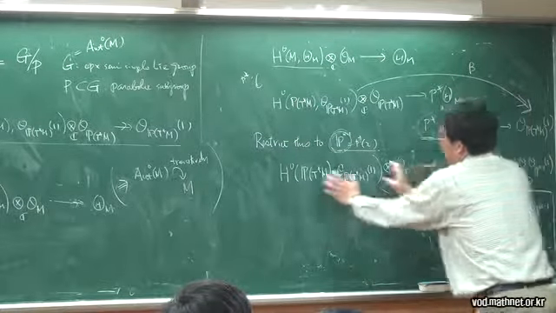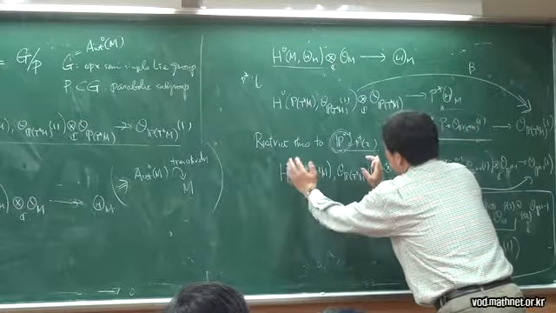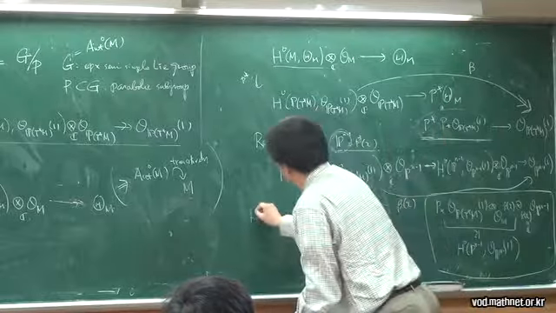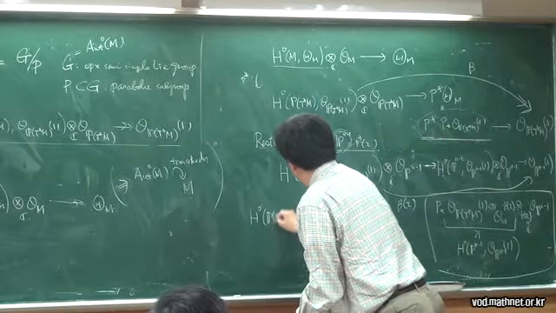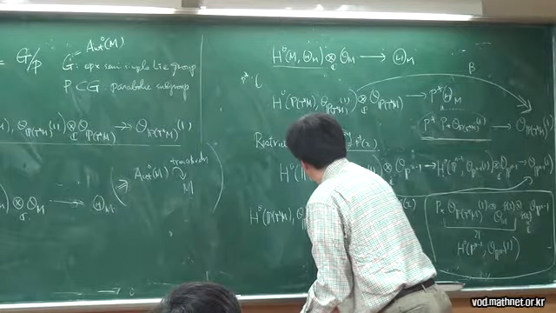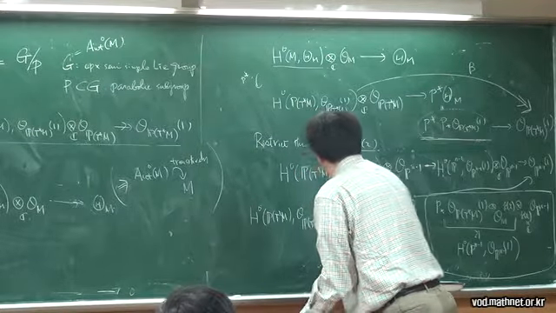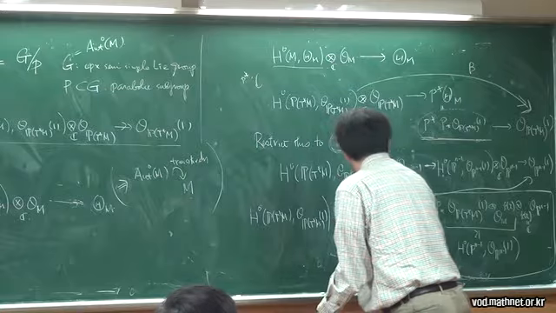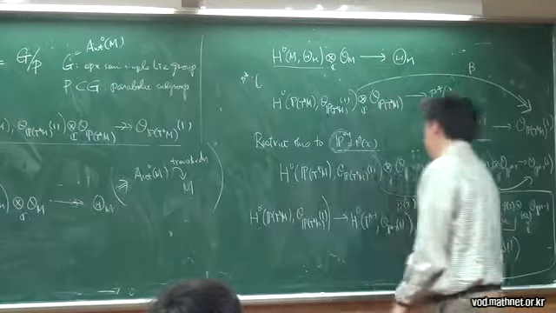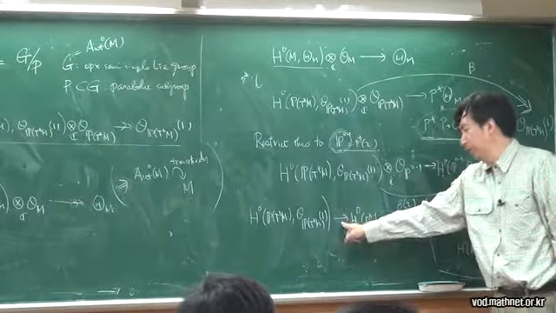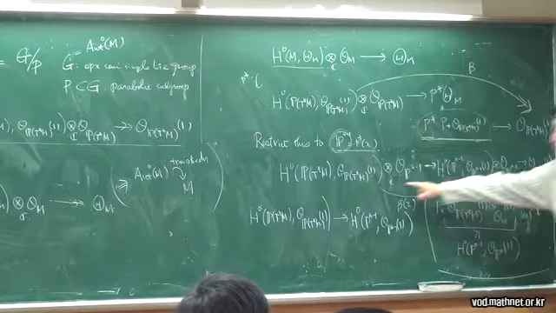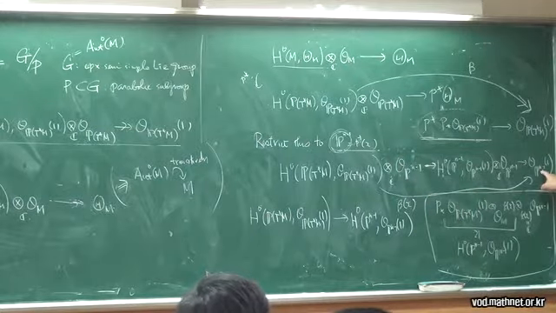So let us consider the following linear map. This is just a restriction map. If this is not surjective, then the composite of this map is not surjective.